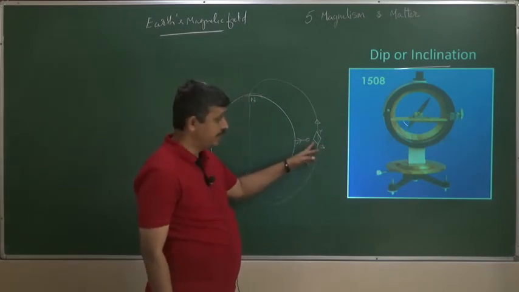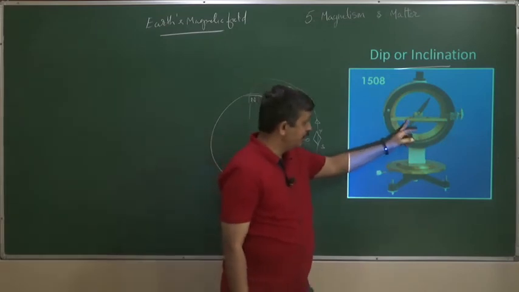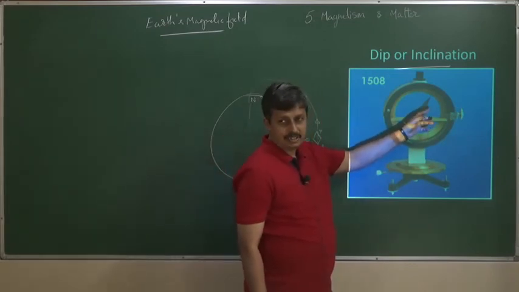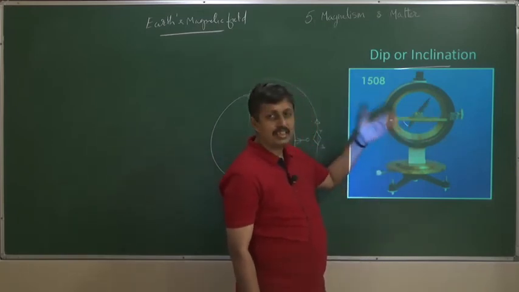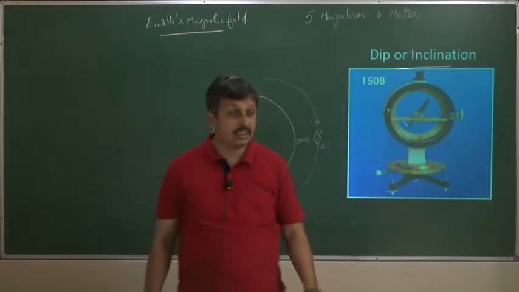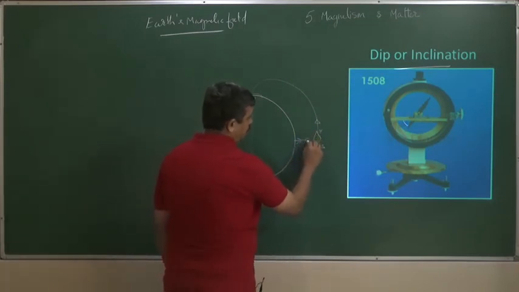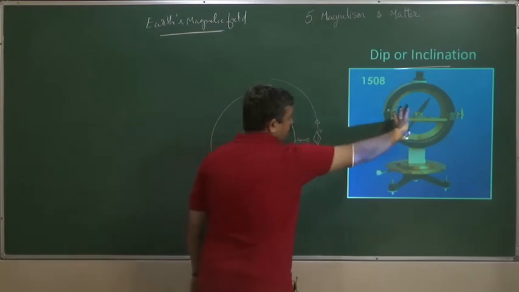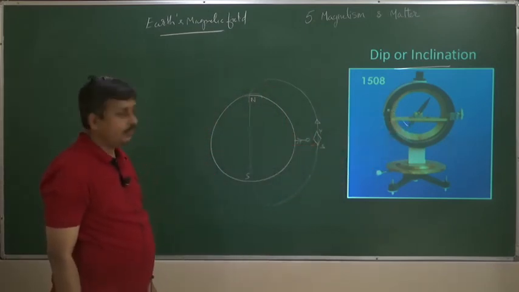I am keeping it in such a way that the axis of rotation is horizontal and it can rotate in a vertical plane. That's how I have kept it here. You turn it around like this and keep it. So it is in the vertical plane.